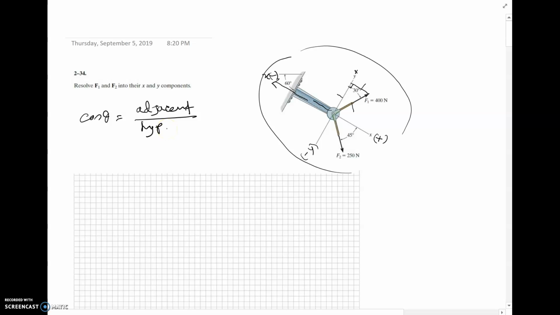So for this case, cos 30 degrees, the hypotenuse is F1, and this adjacent side is the actual component of F1 in the y direction. We may call it F1y. So F1y is equal to F1 cos 30 degrees.